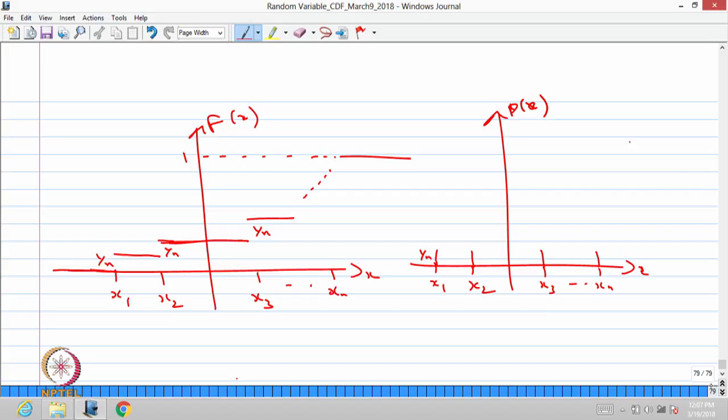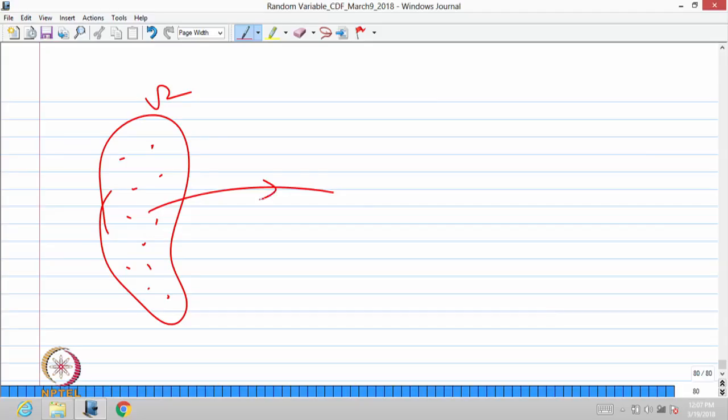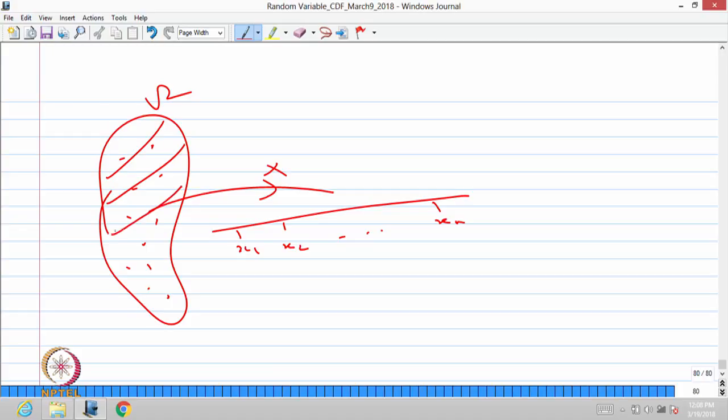That means we can interpret it in another way also. You have omega, which consists of finitely many, countably infinite, or uncountably many samples in it. The mapping goes into x1, x2, xn in such a way that it partitions omega into n pieces, and each one has a mass 1 by n.